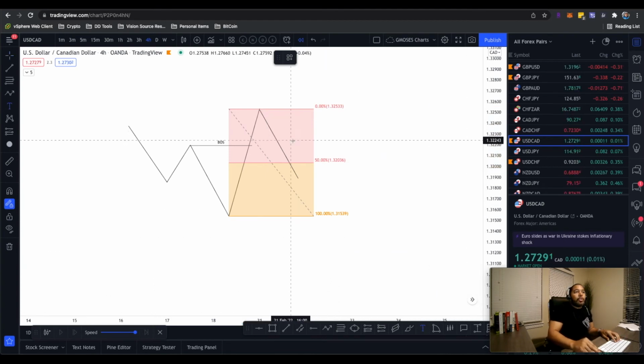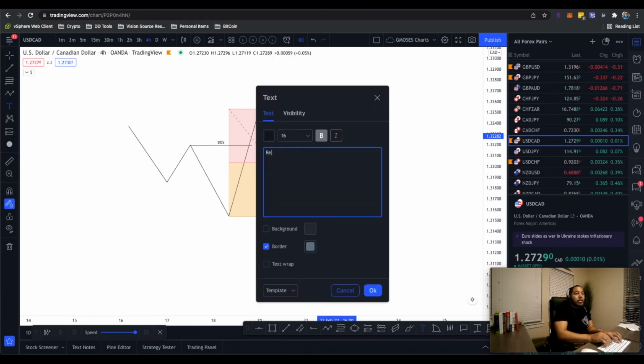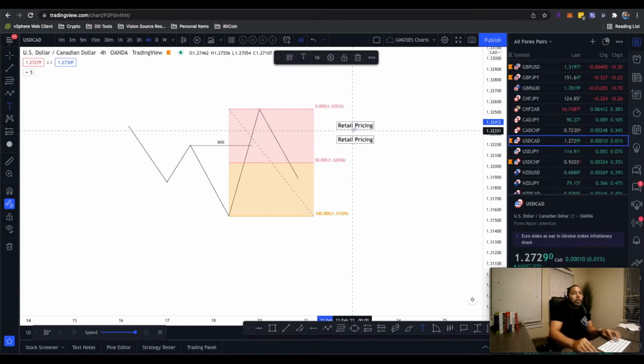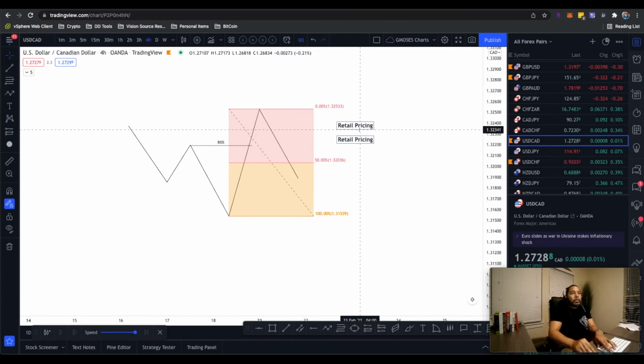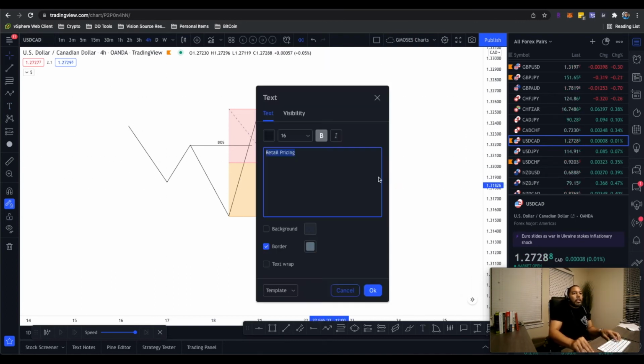So anything in the red, they don't concern themselves with, they don't look for any retracements off of that, because to them, this is considered retail pricing. Okay? This area here, anything in the golden zone is considered premium or discounted pricing.